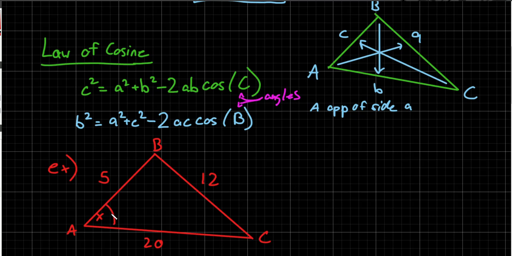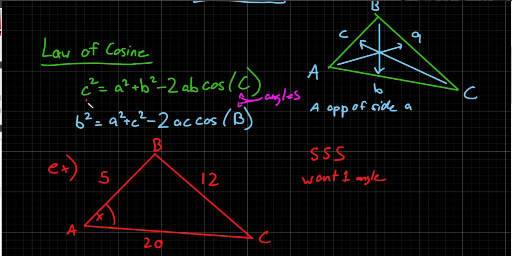Are we using the law of sines or the law of cosines? How many sides do we know? 3. So we have side, side, side right now. We want one angle. Okay, let's look at law of cosines.